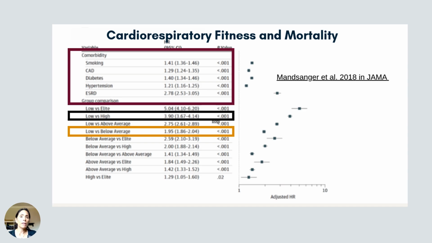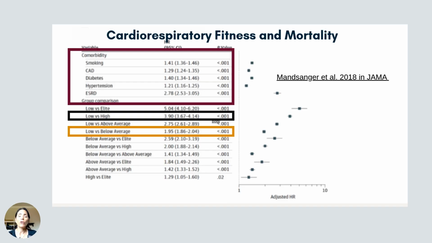And then what they did was they looked at the death rate among all the cohort, among smokers compared to non-smokers, or those who had cardiac disease compared to those who didn't.